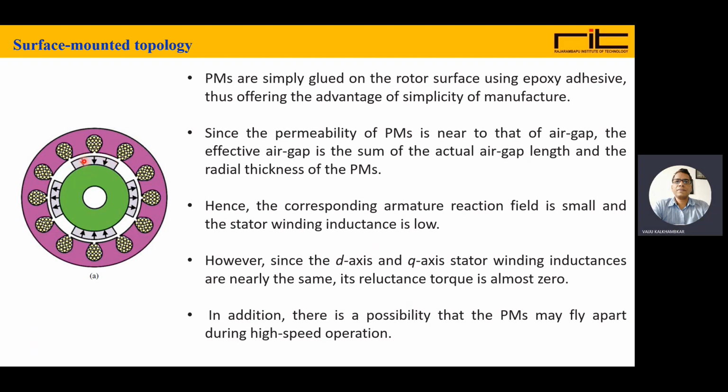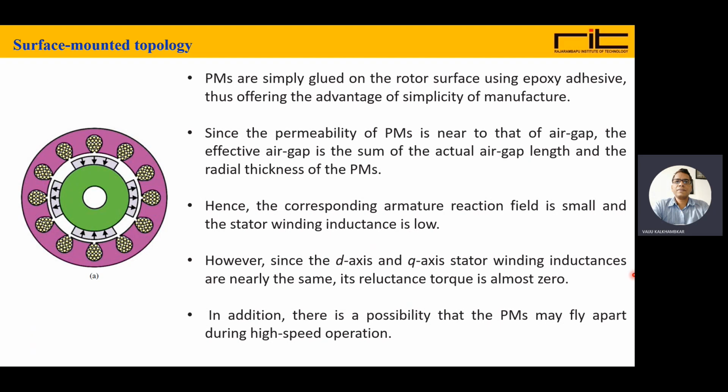So total air gap will be addition of these two. The corresponding armature reaction field is small and stator winding inductance is also low. Since the d-axis and q-axis stator winding inductances are nearly the same, the reluctance torque is 0.